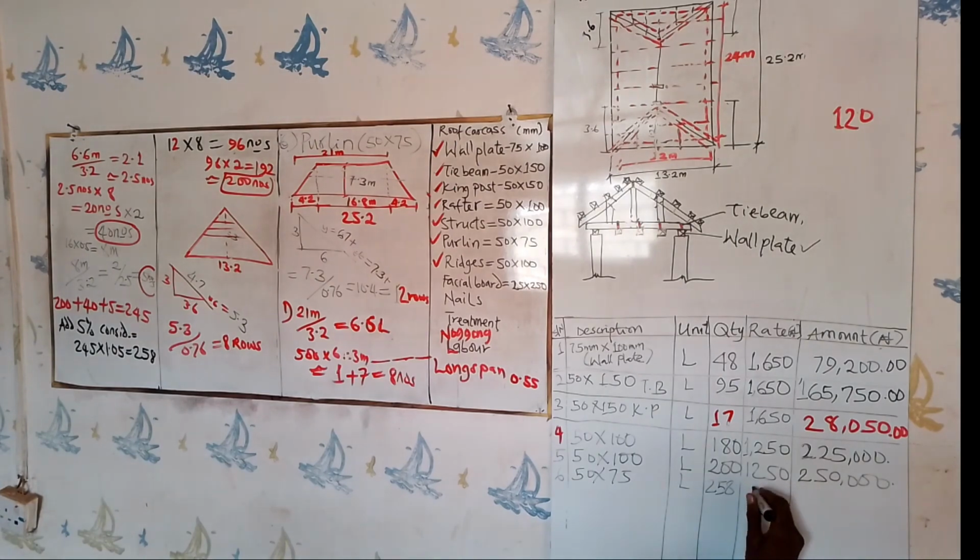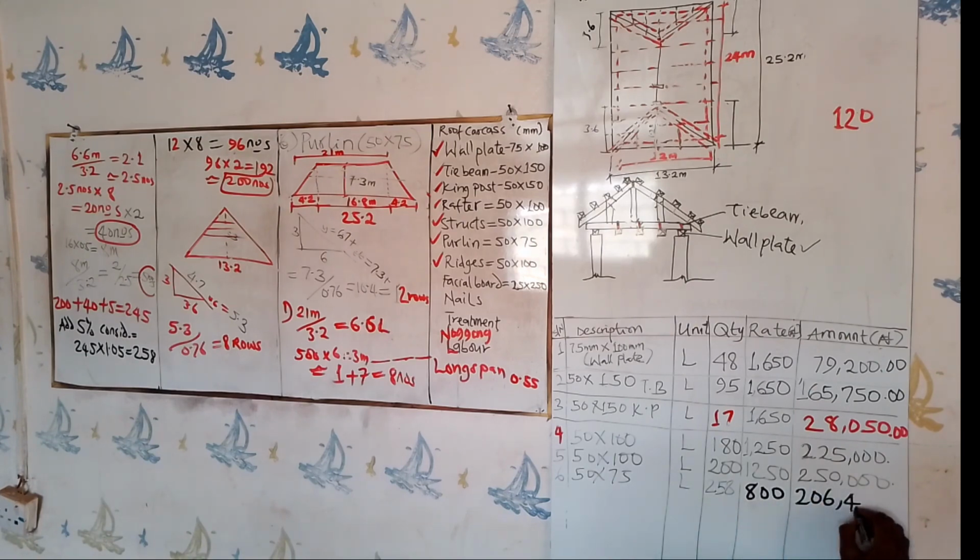Okay, this is 800. So 258 times 800 is what? 206,400. 258 times 800. Yeah.